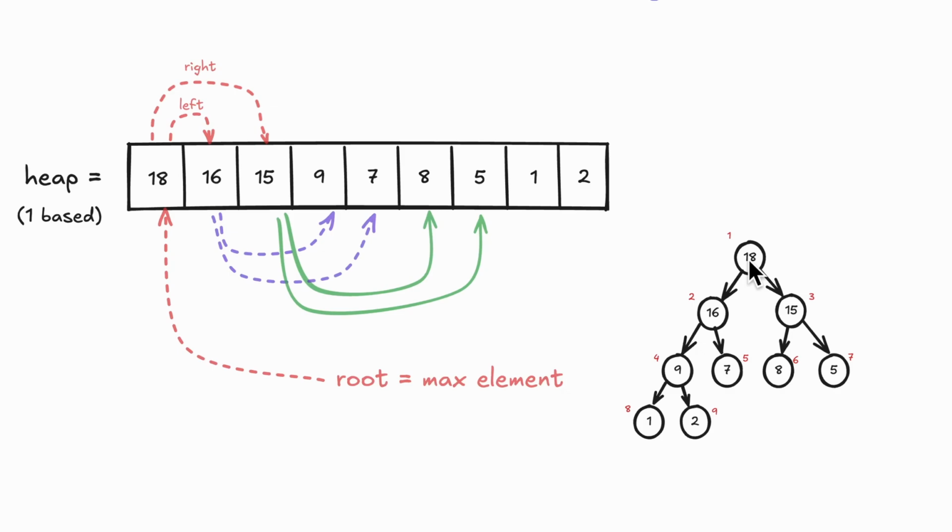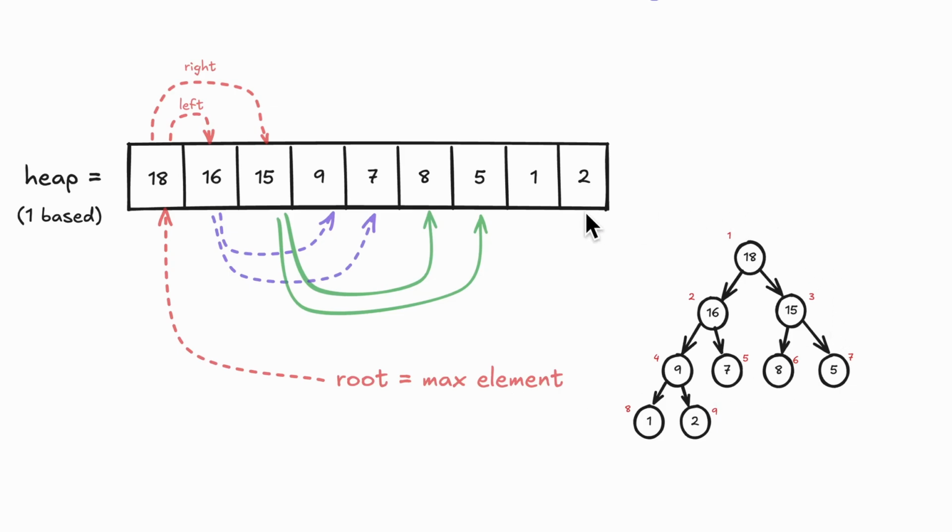So 18 would be present at index 1, 16 would be present at index 2, and 8 would be present at index 6, right? And since the root node will store the maximum element, the first index in the array would store the maximum element. Okay, so I hope this part is clear.